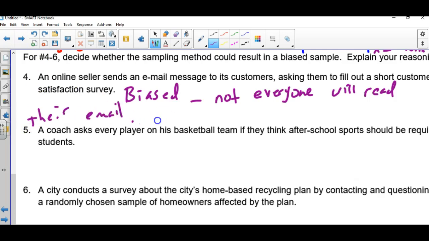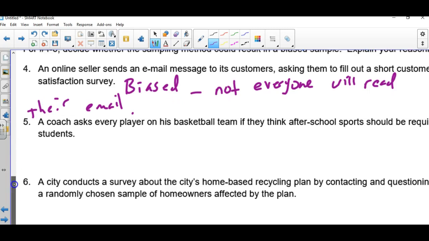Also, the people that respond to emails are usually either really for it or really against it. Most people in the middle don't really care to respond. So everybody is not going to respond to this email. They're going to get either really involved customers or customers that really hate it, that have something negative to say.